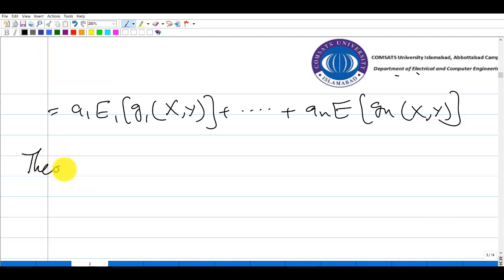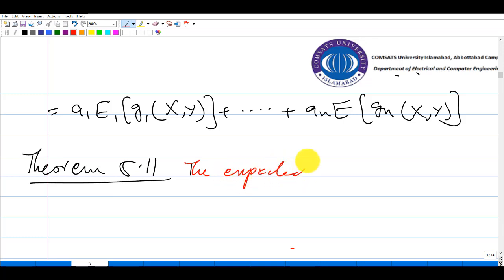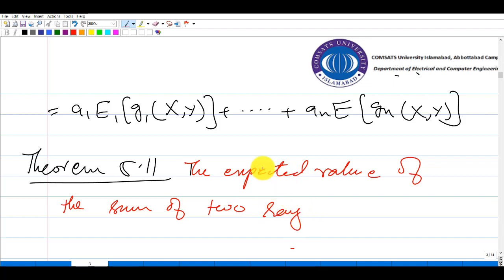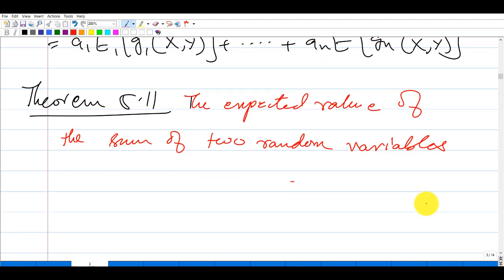So theorem 5.11 is the expected value of the sum of two random variables, and that can be treated as a special case of theorem 5.10.